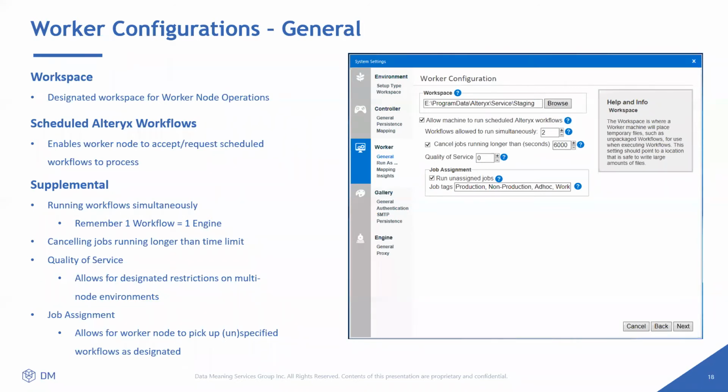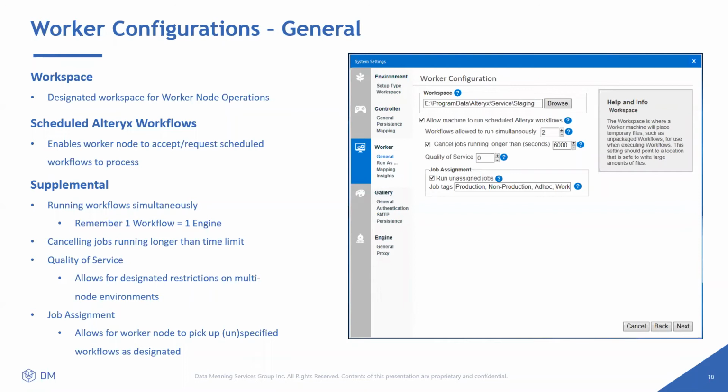By default, in terms of a reference, you only want to have as many workflows able to run simultaneously as half the amount of cores on that particular worker node. Now, keep in mind that the server itself, if you have just a standalone singular node server, is treating itself as a worker node. So keep that in mind.